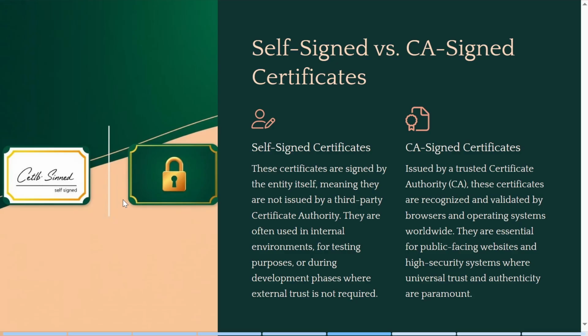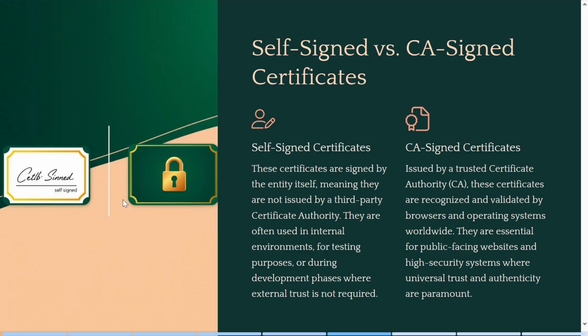Okay, and then we have the CA-signed certificates. CA-signed certificates are the certificates issued by certificate authorities, either internal or external authorities, that we will see in the coming slides. So these certificates are trusted. Okay, these certificates are signed by a trusted authority, and those will be recognized and validated, and these will be available on the operating systems worldwide.